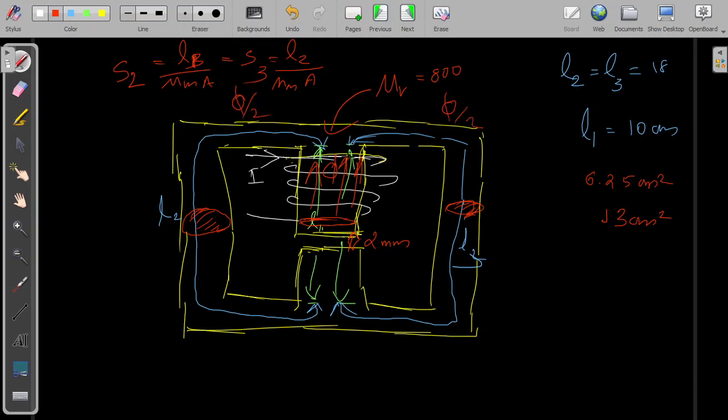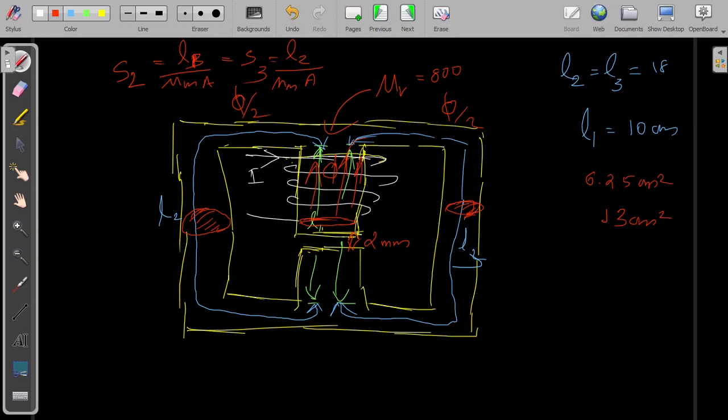That means half of the flux flows and completes its closed path in the right limb, and the remaining half flows in the left limb.